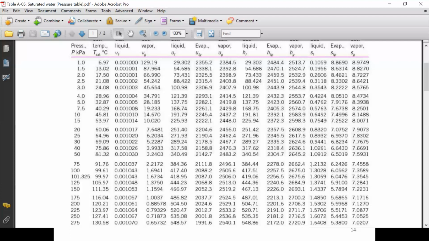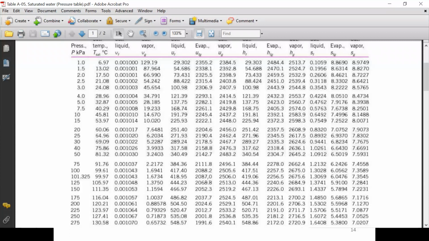Last time we said we have sensible heat and latent heat. Sensible heat is something you can sense, like the temperature of the liquid. But the latent heat you can't sense, because it is due to the change in phase. This is a kind of energy per kilogram, different from temperature, which you can sense.